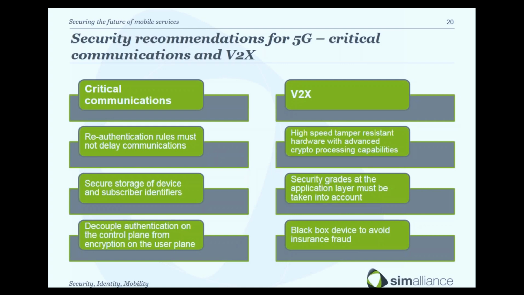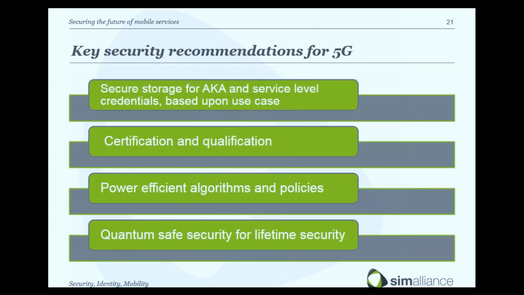Additionally, higher priority vehicle communications may be managed on a separate slice. Any black box device must be capable of storing information securely and maintaining its integrity to avoid insurance fraud. Once again, secure tamper-resistant hardware will provide the best approach. In both these segments, human lives are at stake and security is of the highest importance. For this reason, we do urge the use of secure tamper-resistant storage, the EUICC.